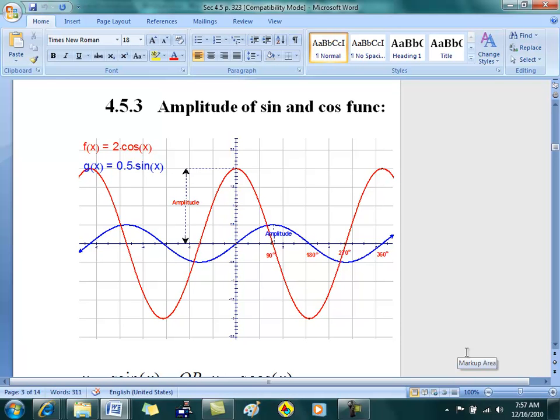There are two ways you can answer this question, either by looking at the equation or by looking at the diagram. So let's talk about the first way. What do you think is the amplitude by looking at the equation? You don't have to put it in technical terms, you can put it in layman's terms. If it wasn't 2, say if it was some number, could you state it in a more general way?